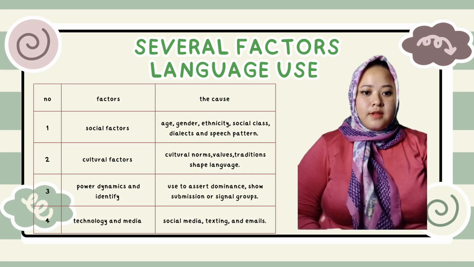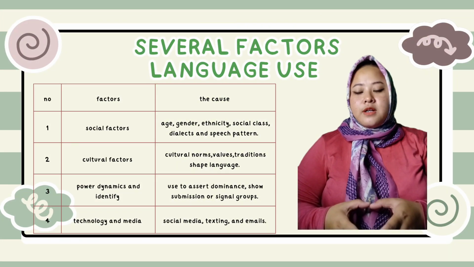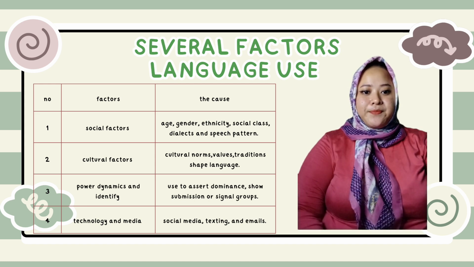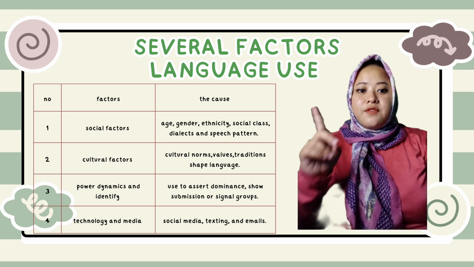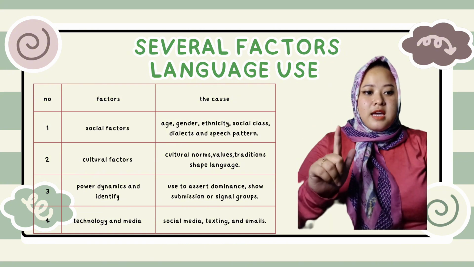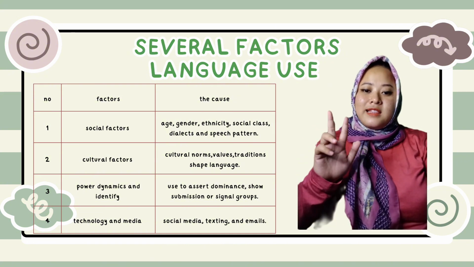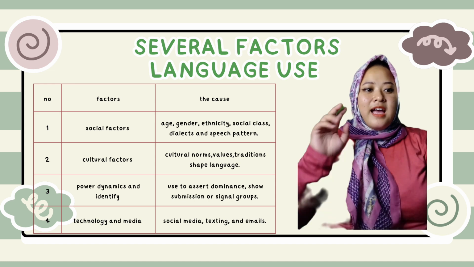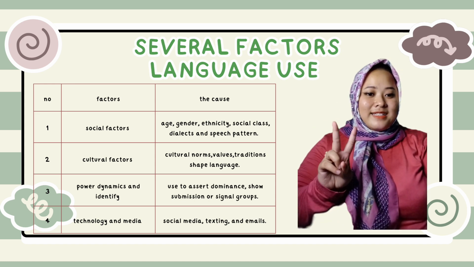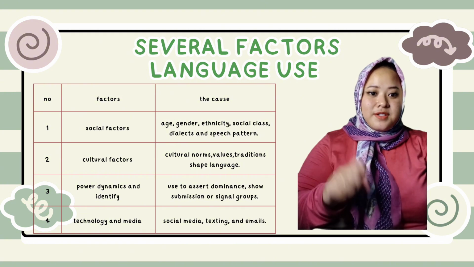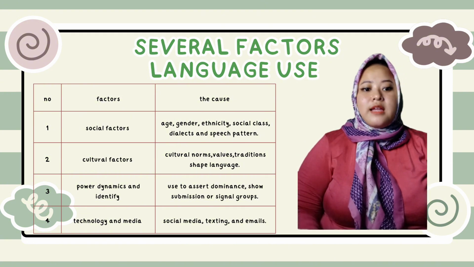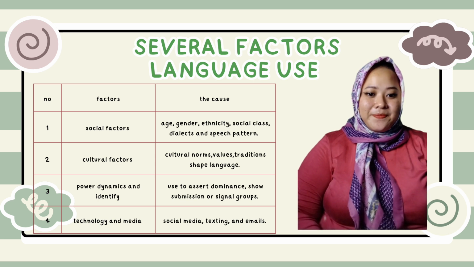Next, I found several factors that influence language use. The first is social factor, which can be influenced by gender, age, ethnicity, social class, dialect, and speech pattern. And the second is cultural factors, which can be influenced by cultural norms, values, tradition, and language.